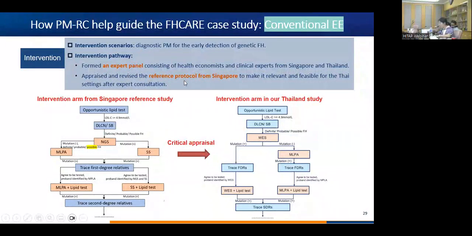Our working group critically appraised the previous reference study regarding its relevance and feasibility, then adapted it for the Thailand clinical practice. As can be seen from the figure, clinical experts revised it, replacing the next generation sequencing in the Singapore model with WES, whole exome sequencing, and added MLPA as the confirmatory test to reflect Thai local settings.